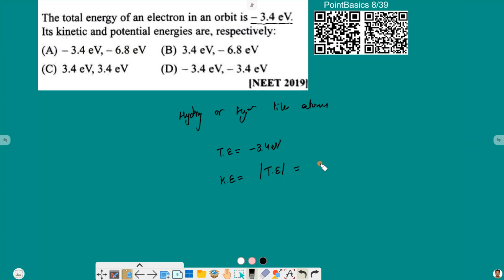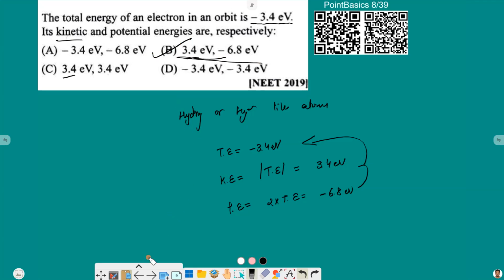So here kinetic energy will be positive 3.4 electron volt, and potential energy is basically twice of the total energy. So this will be minus 6.8 electron volt. And if we add both of these, we will get total energy that is negative 3.4. So kinetic will be positive and potential will be negative. So that is satisfied in option B.